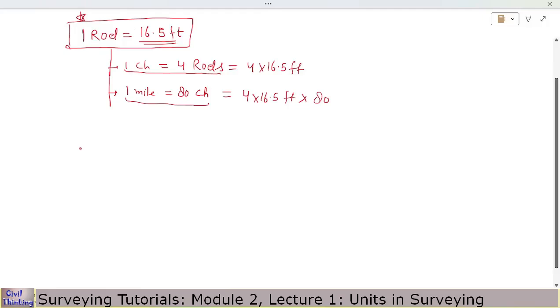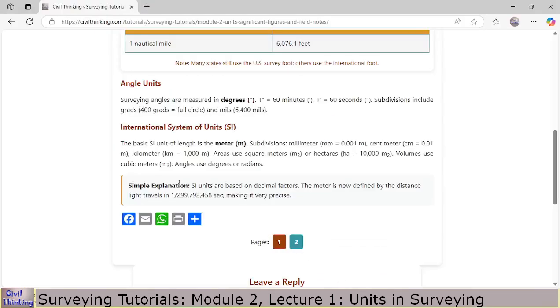So 1 degree is 60 minutes, and 1 minute is 60 seconds. So it makes 1 degree equal to 60 times 60 seconds, okay?